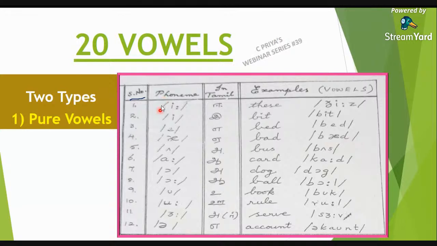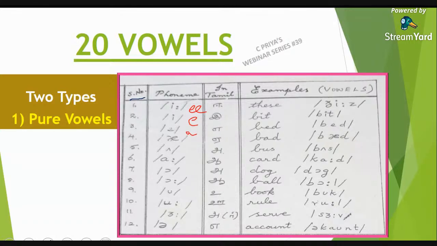The phonemes should be written within two slash marks. So each phoneme is a sound. I with a colon produces the E sound. Double E, E sound. Right? Then the next produces another sound. Then the third produces another sound.